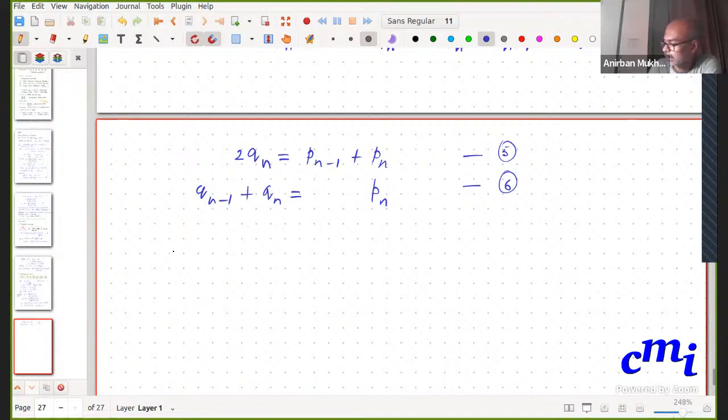So multiply 5 by Qn and then subtract 6 multiplied by Pn.